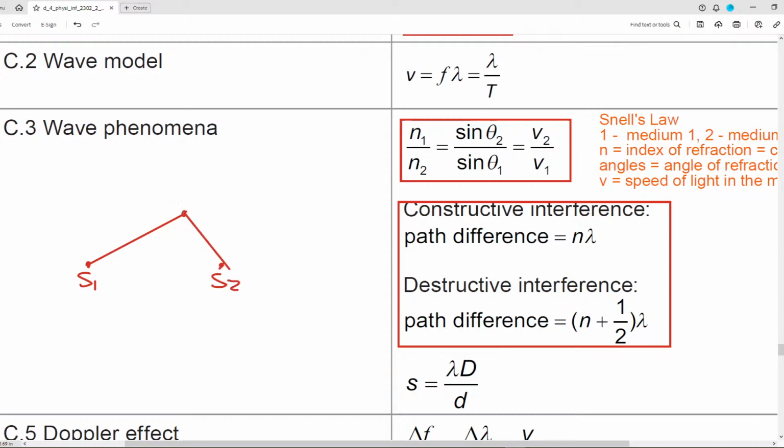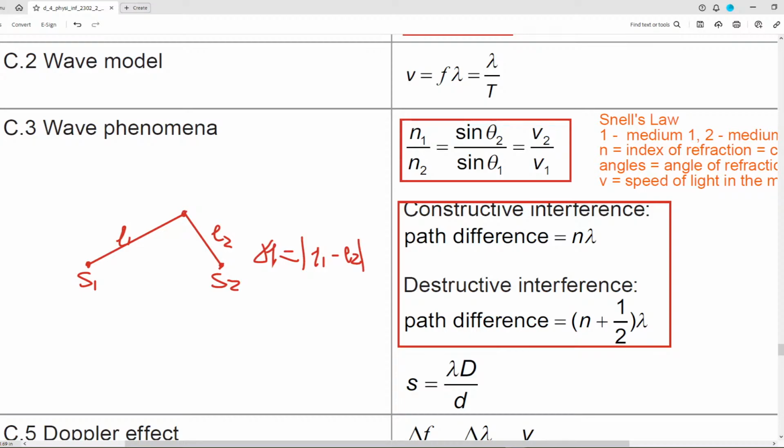The difference between the two paths is called the path difference. So you have path 1, path 2. That's what we mean by path difference. So the path difference is the value of L1 minus L2.